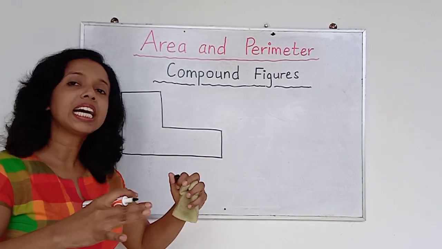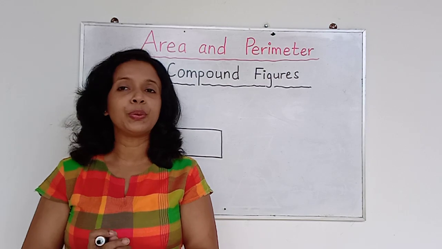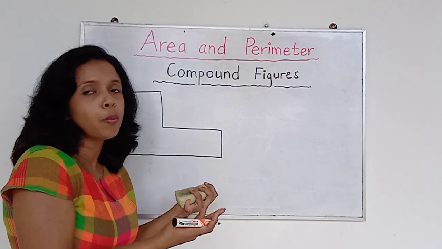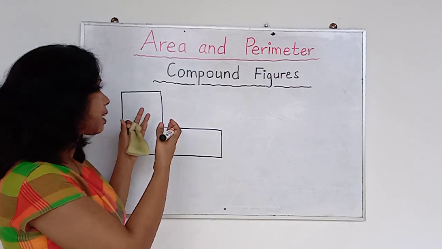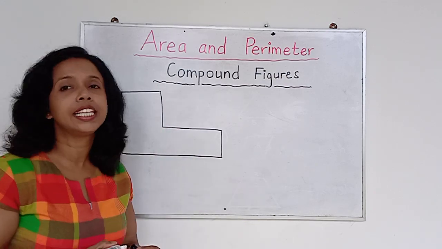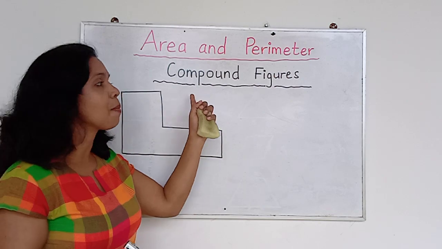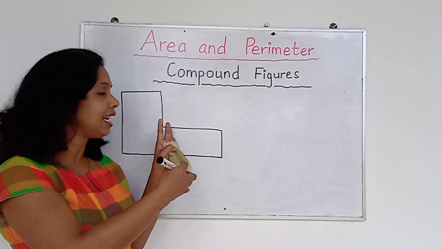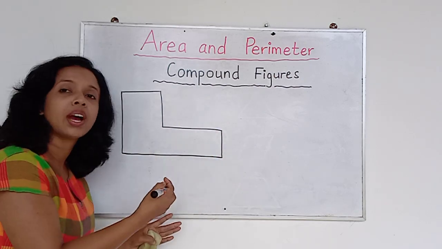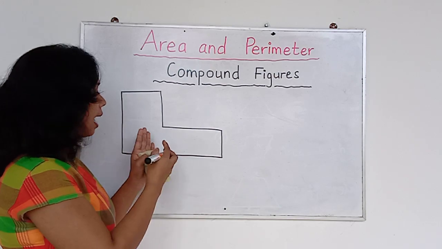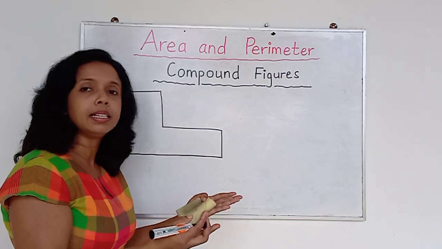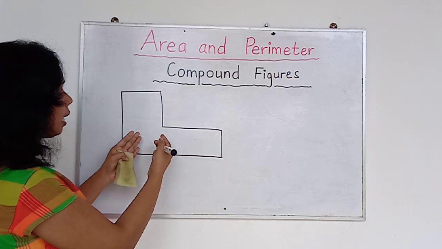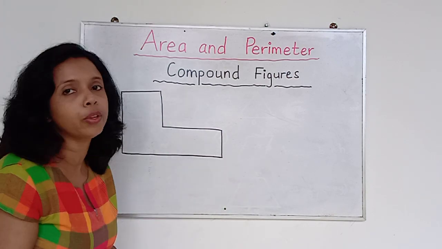No. It's a combination of two or more shapes inside this figure. So we call these types of figures compound figures. Within it, you can find a few shapes. You don't have a rectangle or a square or parallelogram. Instead, you can have a few shapes, two or more.